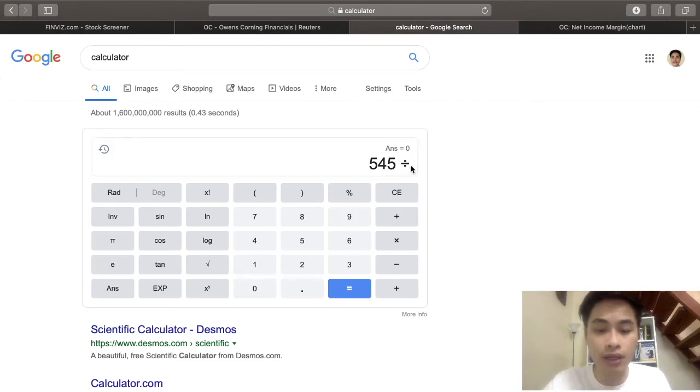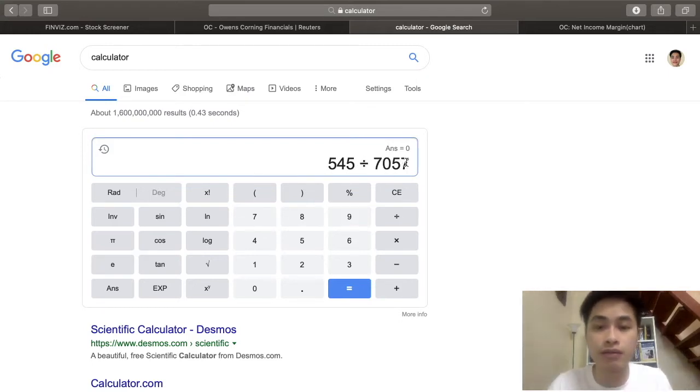So we divide it by 7,057. Then we multiply by 100 to get the net profit margin of the company. So we get a figure of 7.7%. Okay, so we got 7.7% for the net profit margin of Owens Corning.